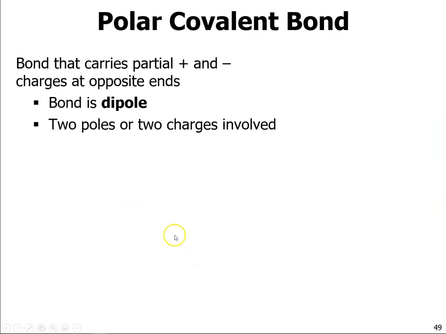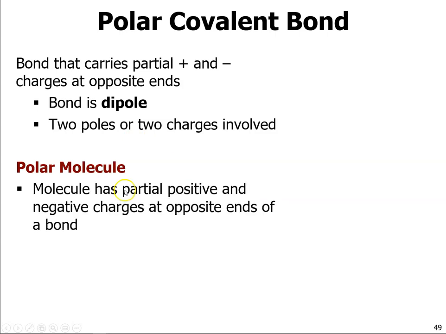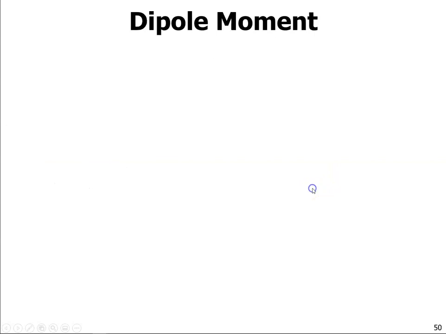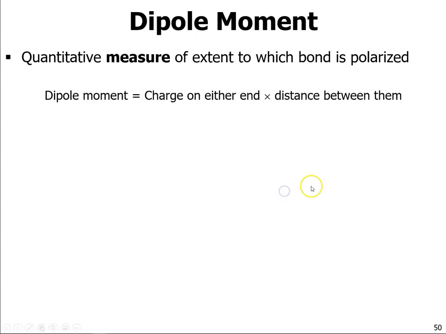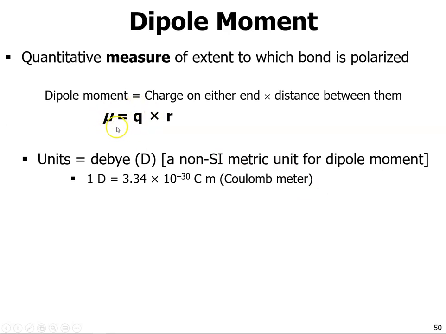Polar covalent bonds are these bonds that carry those partial charges. And this is called a dipole, the two poles, or the two charged ends, that are involved. Polar molecules have partial positive and negative charges on the opposite ends of the bonds. And a dipole moment is a measurement of the extent to which that bond is polarized. Here's the equation we use for that. Mu is the dipole moment, and it equals the charge Q on either end multiplied by the distance between them.